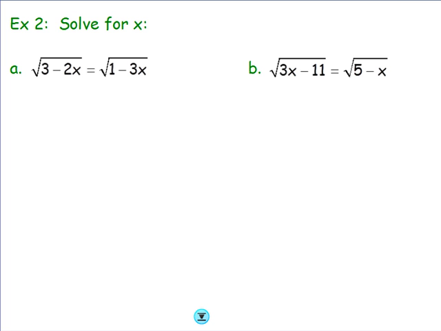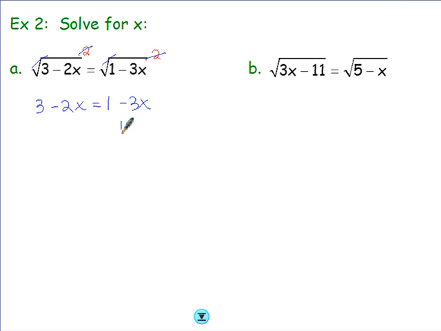These are square roots, so the opposite of a square root is a little 2. Well, that's going to make both sides cancel. That leaves us with 3 minus 2x equals 1 minus 3x. Now we just want to put everything together that's alike. So I want all of my x's on one side.